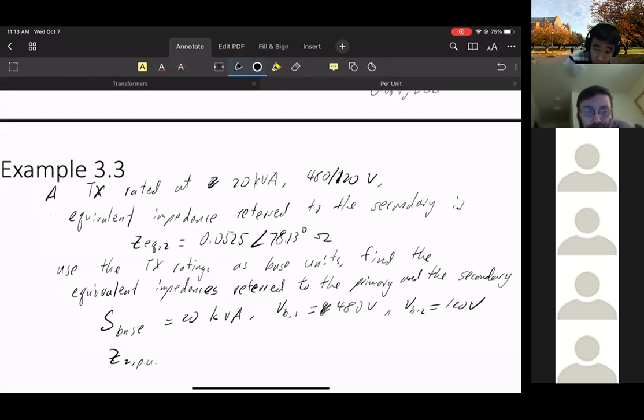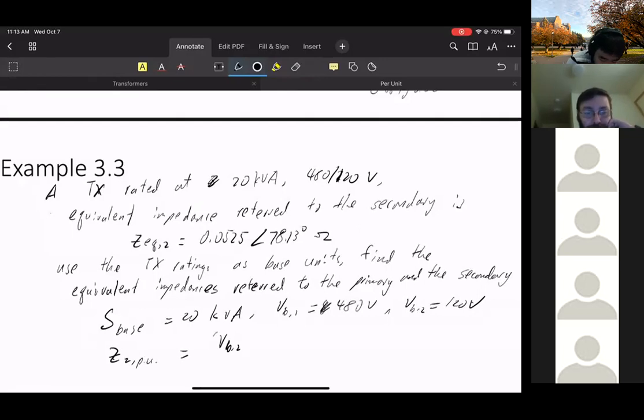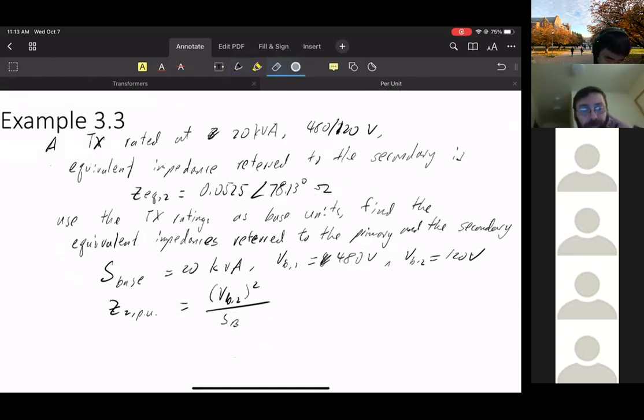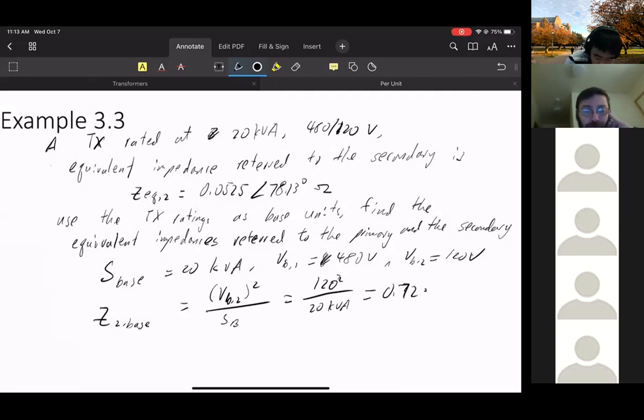Well, the base impedance is given by the base voltage at the secondary side squared divided by the power on this side. So let's first find the base for the secondary side. You plug this in, 120 squared over 20 kVA. This gives us 0.72 ohms.